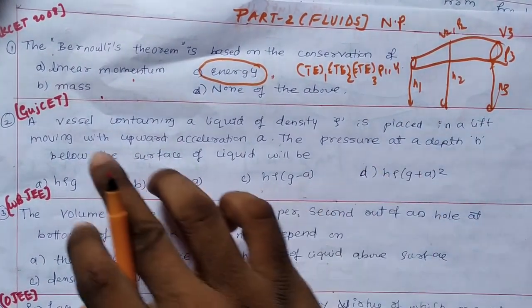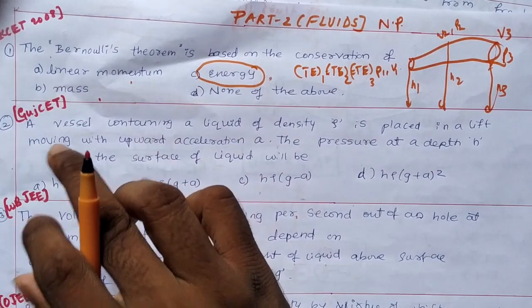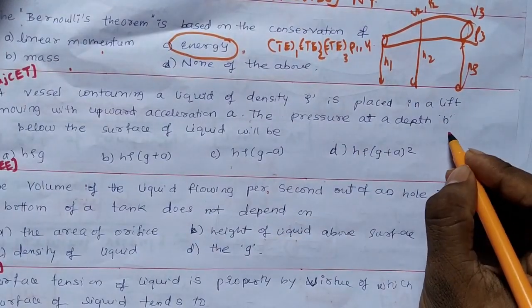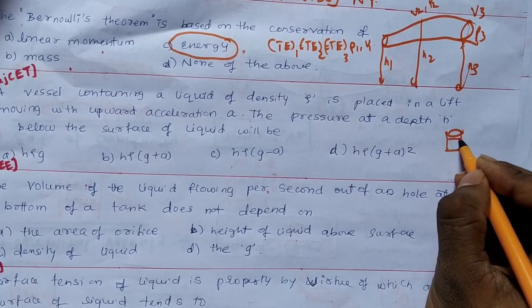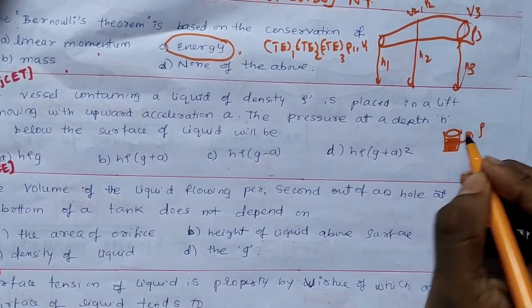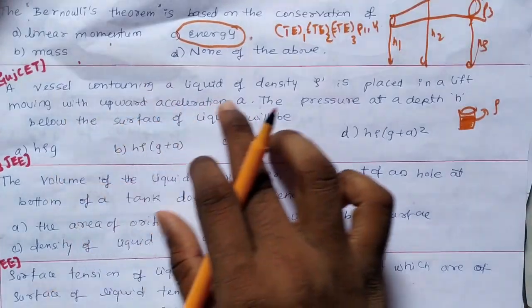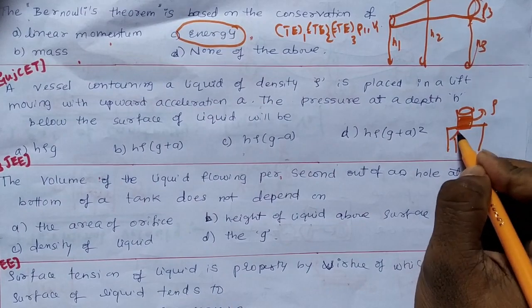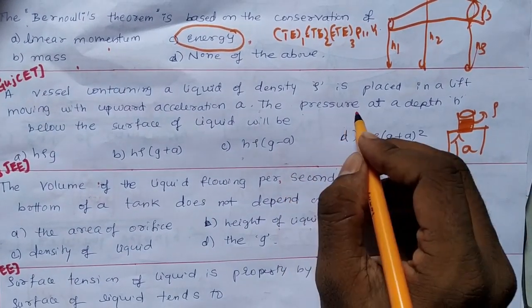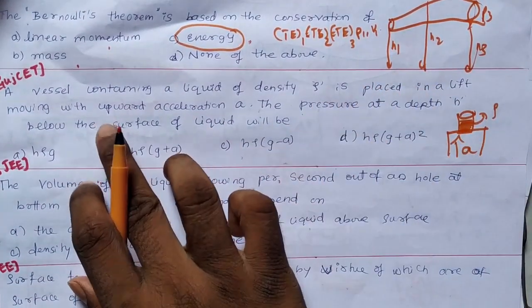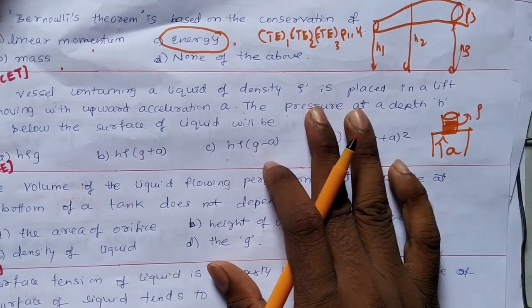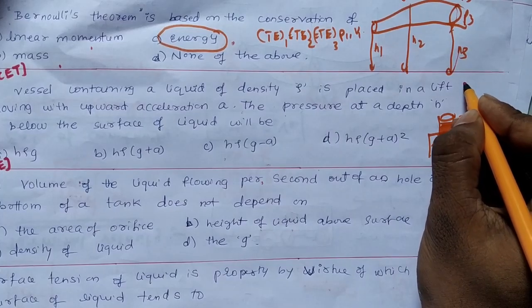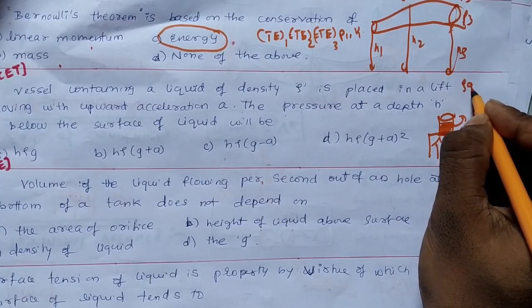Okay. Next, for Gujarat CET this question was asked: a vessel containing liquid of density rho, which is placed in a lift moving with upward acceleration a. Then the pressure at depth h below the surface of the liquid will be... see, usually the pressure at a depth in the liquid is given by rho g h.